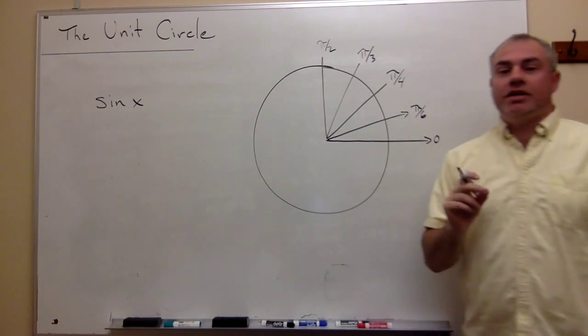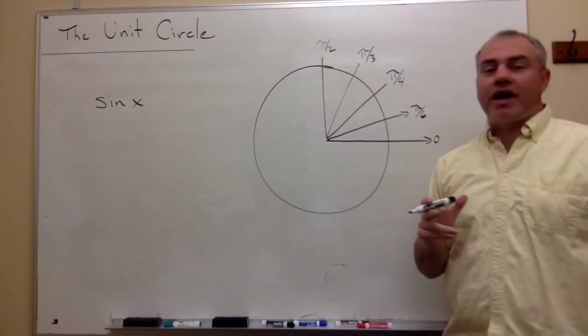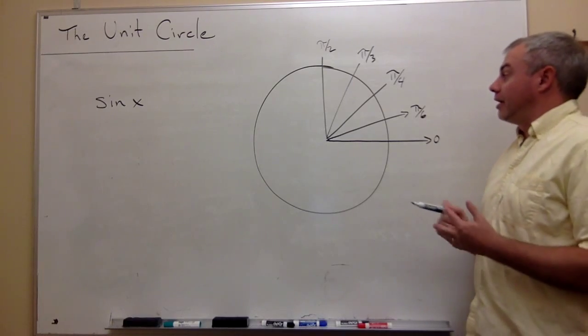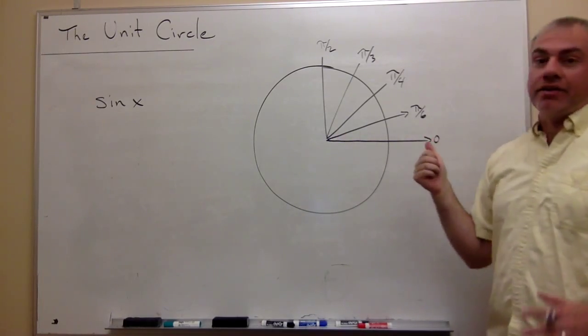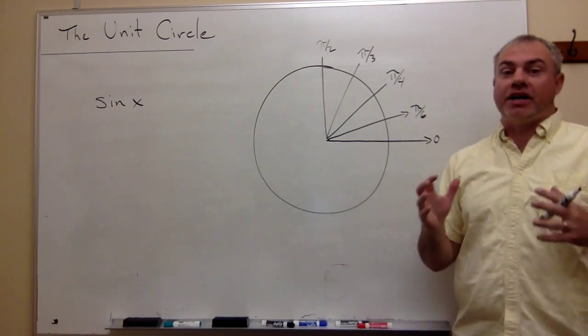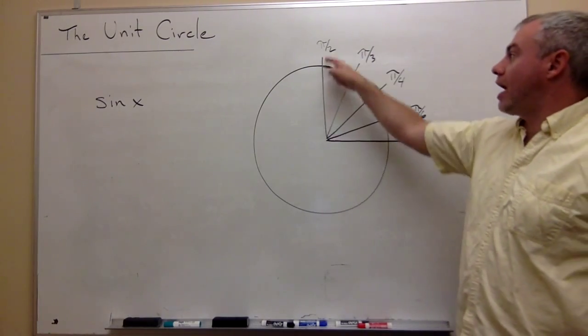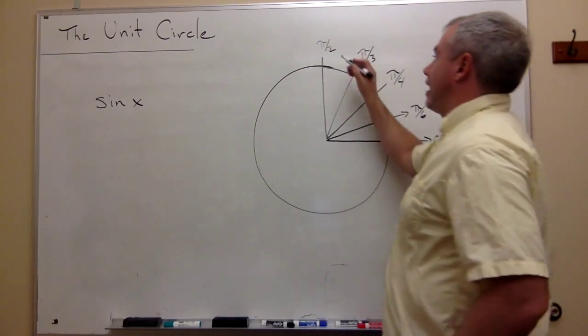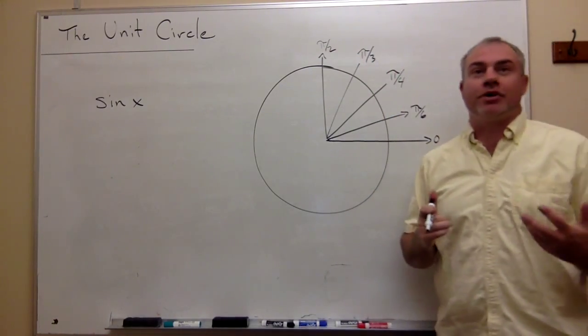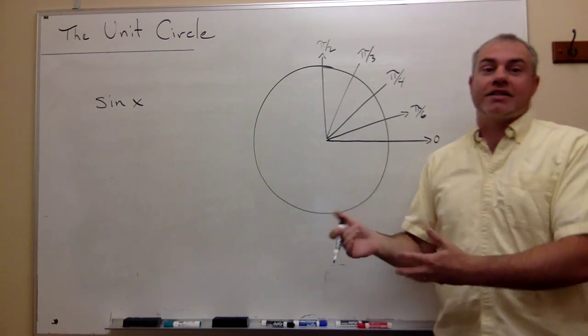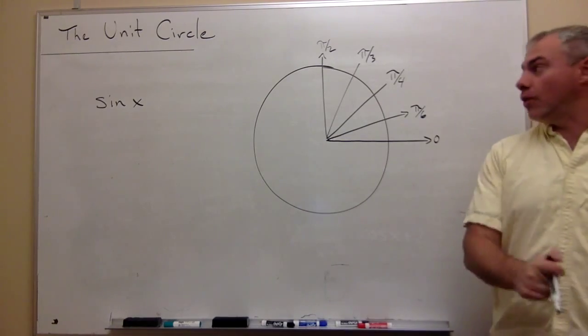Now, we already talked a little bit about the fact that the x-axis and cosine are kind of buddies. That means that the y-axis and sine are kind of buddies. So that's the way that I like to remember it: cosine goes with the x-axis, sine goes with the y-axis.